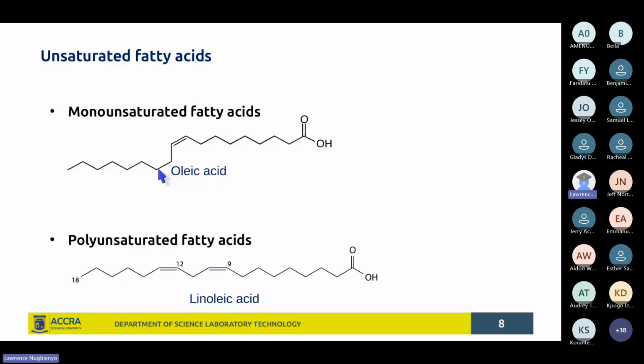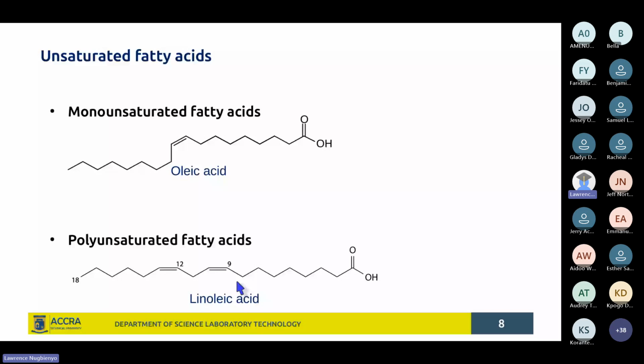These are fatty acids with only one double bond in them, like you see here, oleic acid is having only one double bond in it. Polyunsaturated fatty acids will have more than one double bond in them. So for instance, you have linoleic acid, which is having two double bonds in there. So that's a polyunsaturated fatty acid.